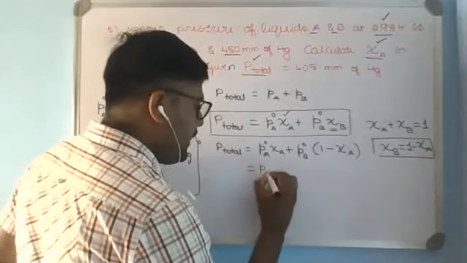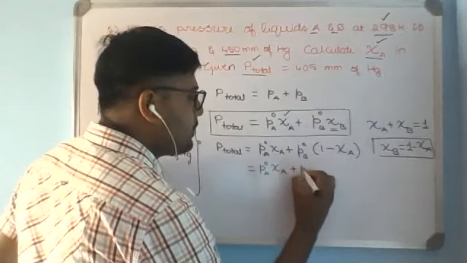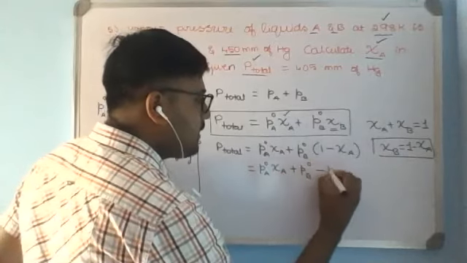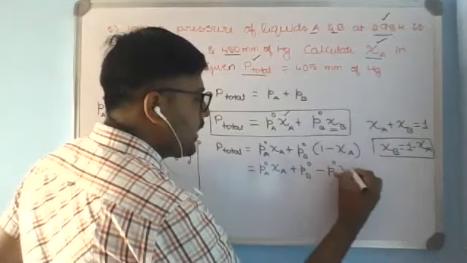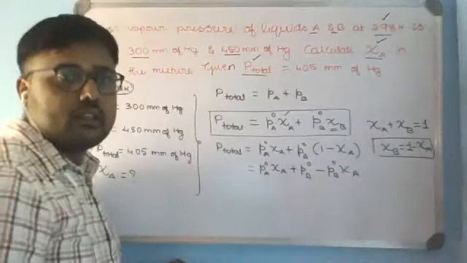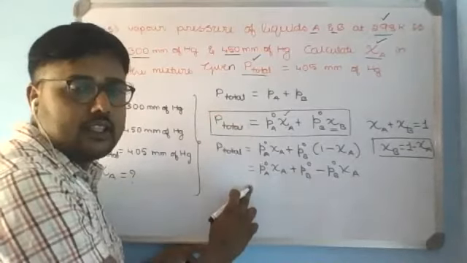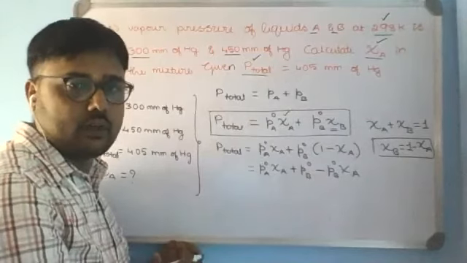So it is PA naught mole fraction A plus PB naught minus PB naught mole fraction of A. If you can remember the direct rearranged equation, you can directly take that form also.